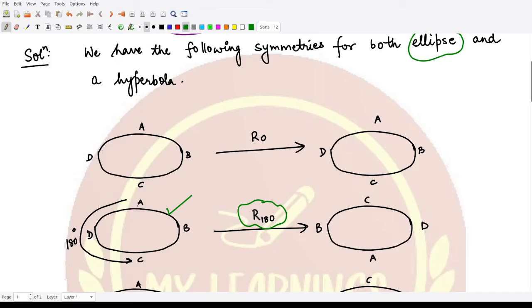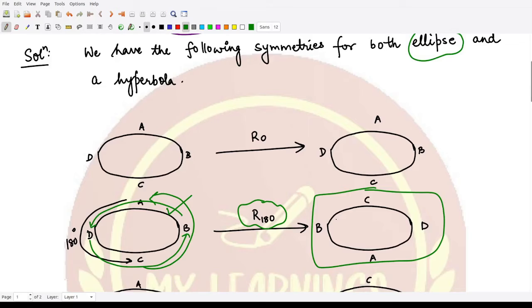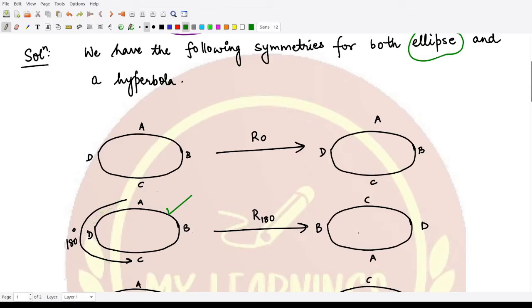What would happen to A? A would come to the position of C, D would go to the position of B, C would go to the position of A, and B would go to the position of D. Hence we have this ellipse as the final answer, and if you see the shape of it, it's just the same. So this is one of the symmetries.